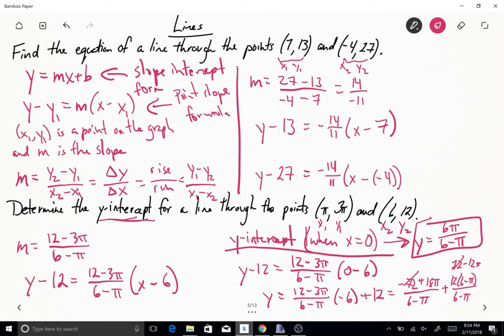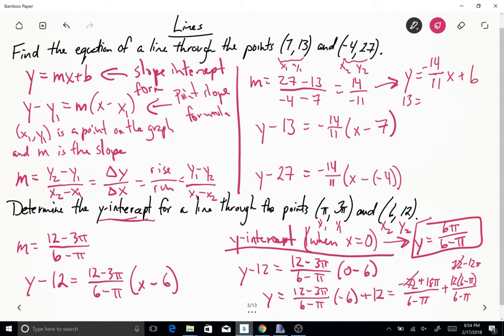So to kind of show you what's happening, what makes that a little bit hard, go back to the previous problem. You get y equals m, which is negative 14 over 11, x plus b. So let's plug in a point, right? So I get, let's see, 13 is our y value.